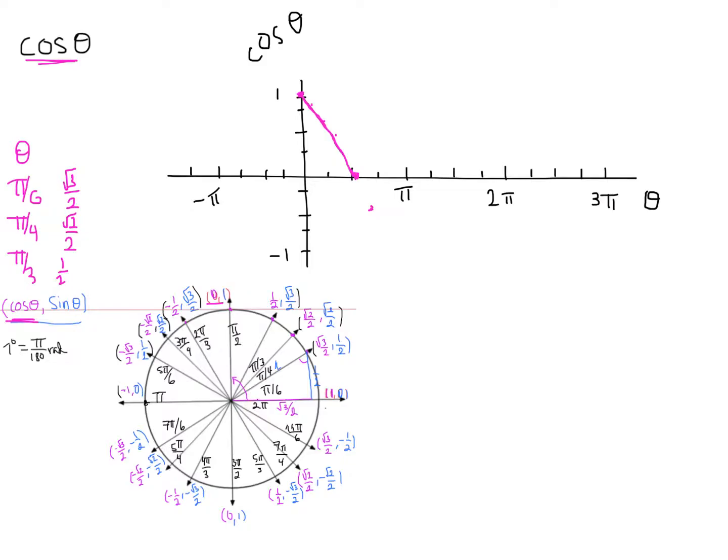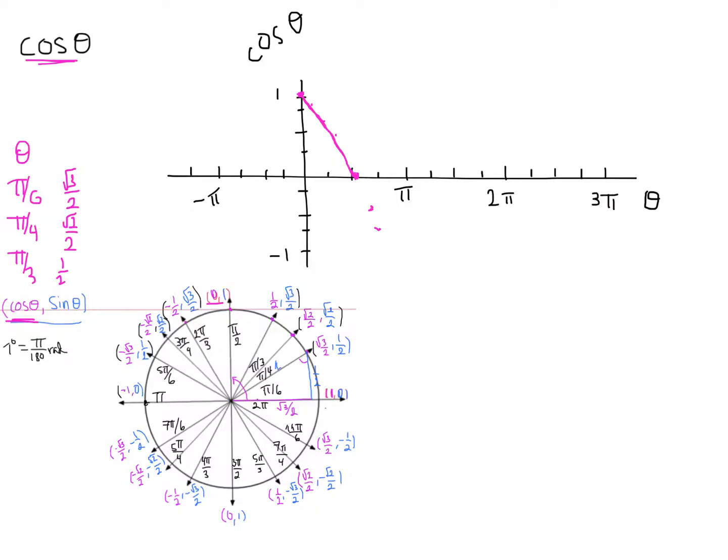Okay. Then we're going to keep going, and I encourage you to pause the video and do this on your own, and we'll go a little bit further. When I get to 3 pi over 4, that's 3/4 of the way to pi, right here, I'm going to be at negative root 2 over 2, which is about negative 0.707.